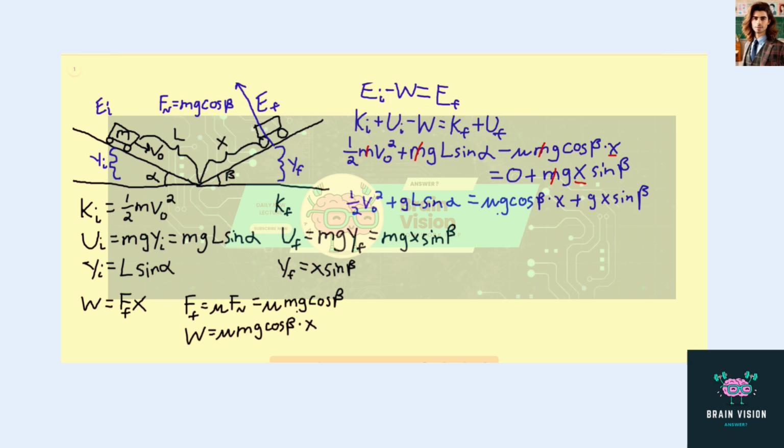So I end up then with 1/2 v naught squared plus g times L times the sine of alpha, and then that is equal to, just pulling out that x term, x times mu g cosine of beta plus g times the sine of beta.